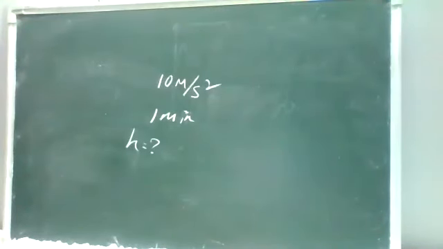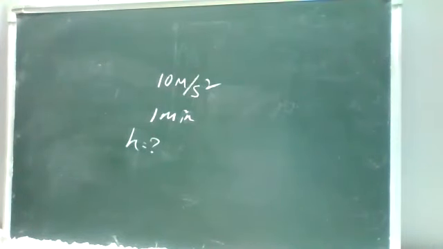I'll repeat the question. A rocket is fired vertically from the ground with a resultant vertical acceleration of 10 meter per second square. The fuel is finished in 1 minute and it continues to move up. What is the maximum height reached? Try to solve it.